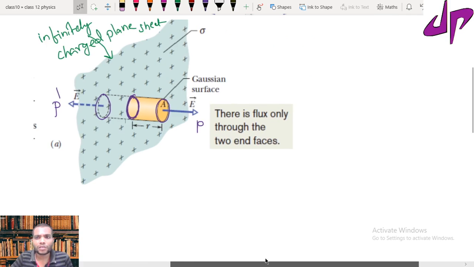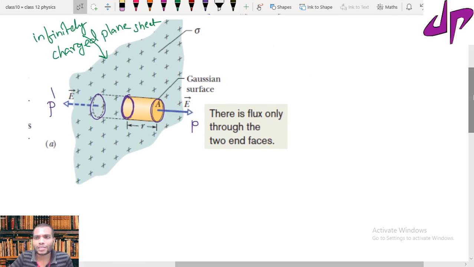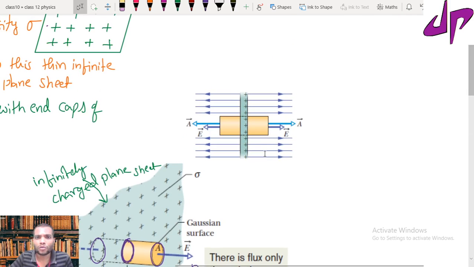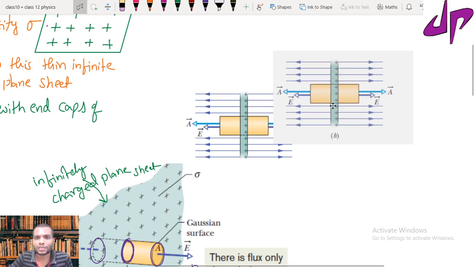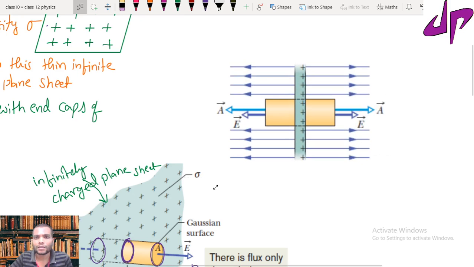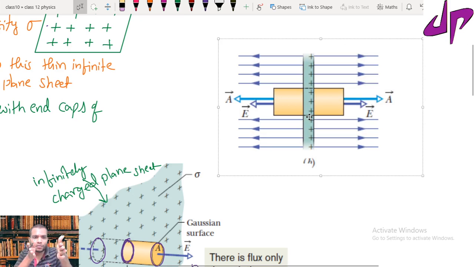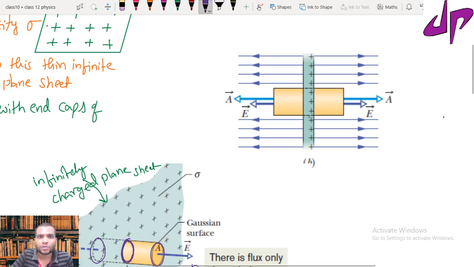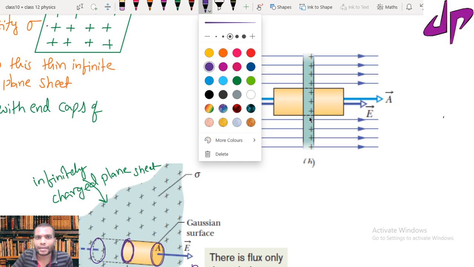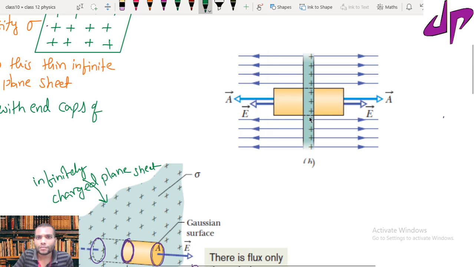Suppose you would like to see the cross-sectional view, that is, how it would look. Concentrate on this picture again. Now instead of keeping the sheet like this, the sheet is straight like this. This is my Gaussian surface of area A, the one highlighted here, a cylindrical Gaussian surface.